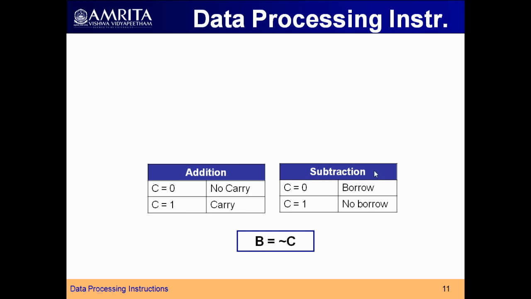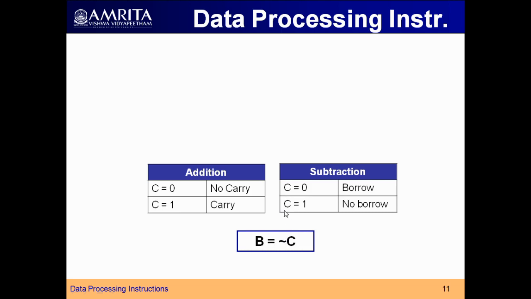So while you are performing subtraction, carry equal to 1 means what will be the state of borrow? Borrow equal to not of carry. Now in my case carry is 1, not of carry means it will be 0. That means borrow is not there.